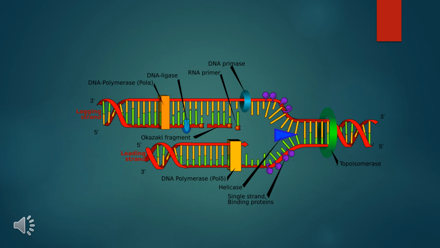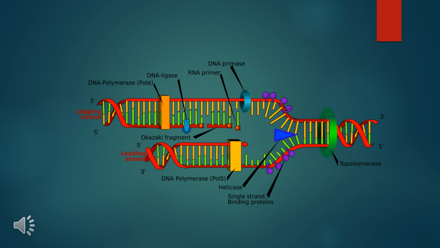However, the other template strand, the lagging strand, is antiparallel and is therefore read in a 5' to 3' direction. Continuous DNA synthesis, as in the leading strand, would need to be in the 3' to 5' direction, which is impossible as we cannot add bases to the 5' end.